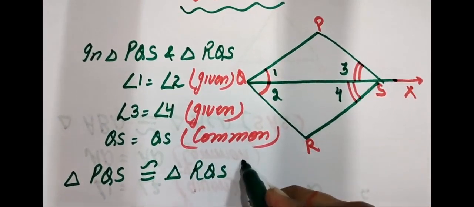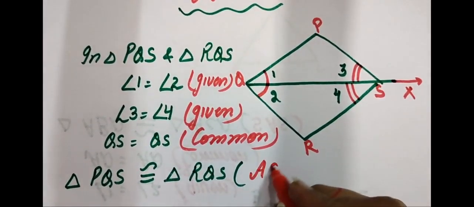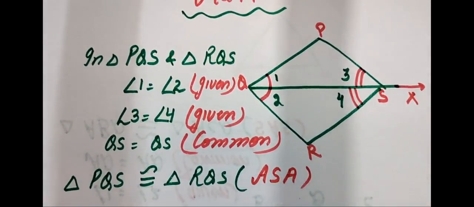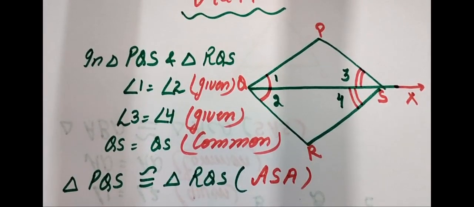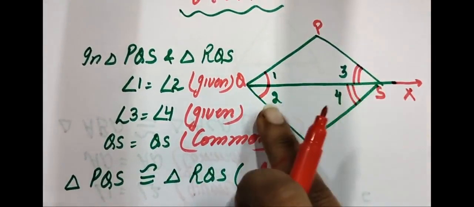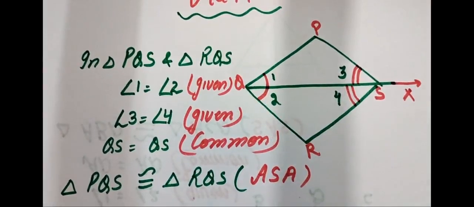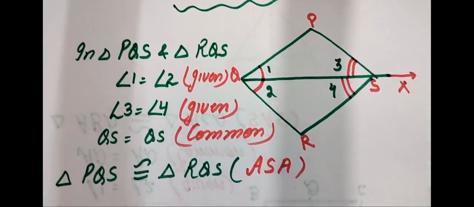So angle, side, angle. This is the criteria on which basis you are saying that these two triangles are congruent. So two angles and the included side are equal to the corresponding two angles and the included side of the other triangle. So we can say that triangles are congruent.